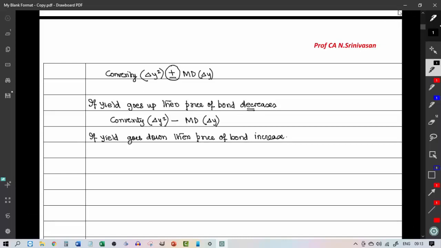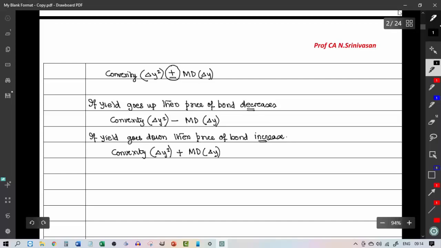In such a case, in order to find out how much will the bond price increase by for every percentage fall in the yield, we can use the formula of convexity into delta y square plus, the reason we are doing plus is because in this case the bond price is going to increase, plus modified duration into delta y.